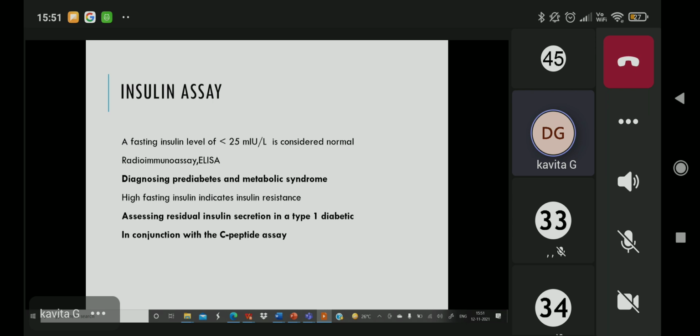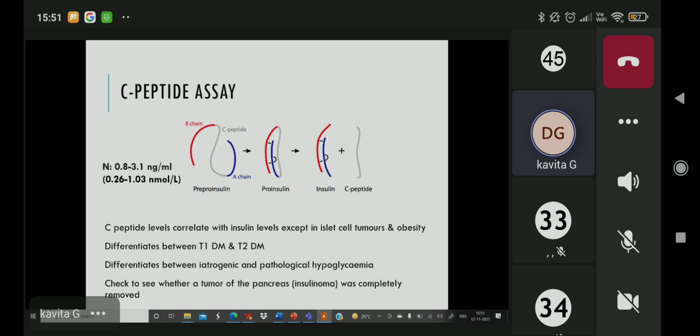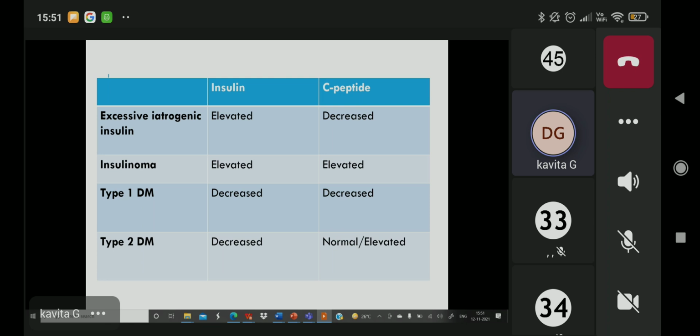A fasting insulin level of less than 25 is considered normal. The C-peptide assay is an indirect indicator of your insulin levels, because we know that insulin is bound to C-peptide. You can compare insulin assay versus C-peptide in the various endocrine conditions. This is basically for your MCQs, nothing else will be asked.